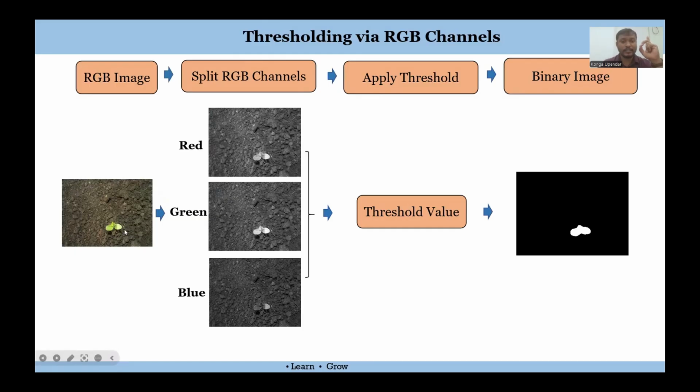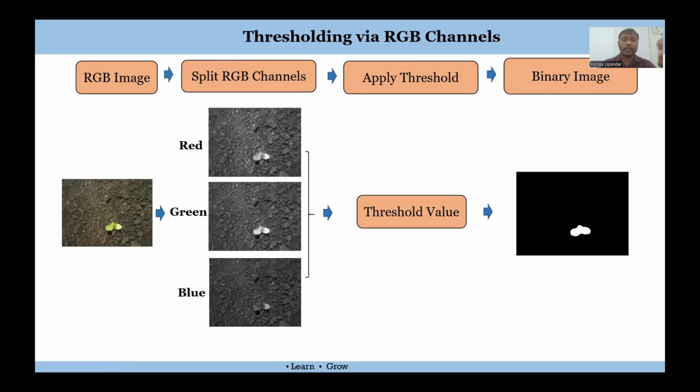Because the object looks green, the green pixel regions are brighter compared to the red and blue channels. If the object looks red, the pixels belonging to that region will be brighter in the red channel compared to green and blue. If the image contains a blue object, the blue channel related to that object will be brighter than green and red.